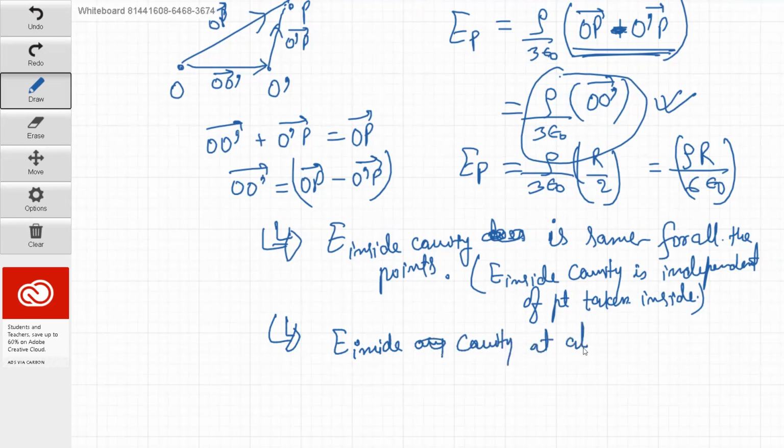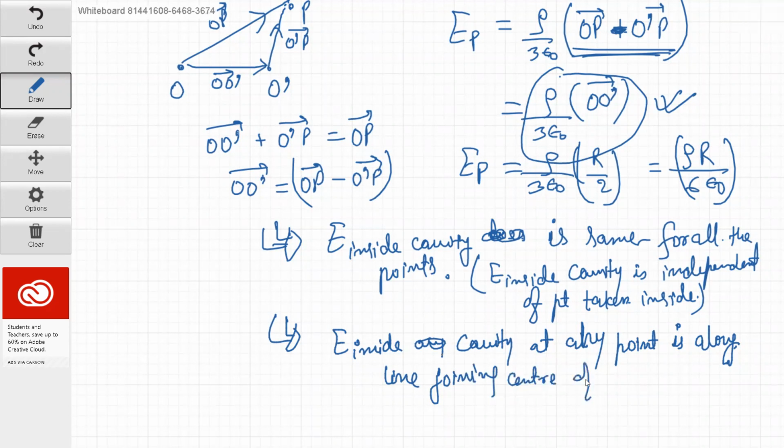at any point is along the line joining the center of the sphere and the center of the cavity.